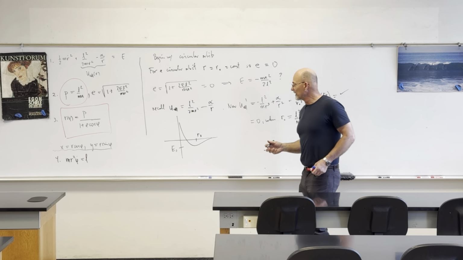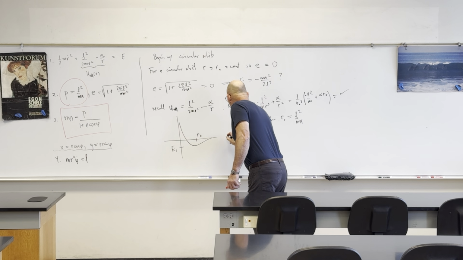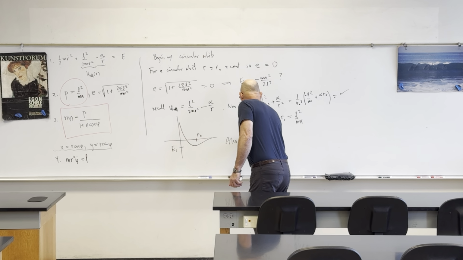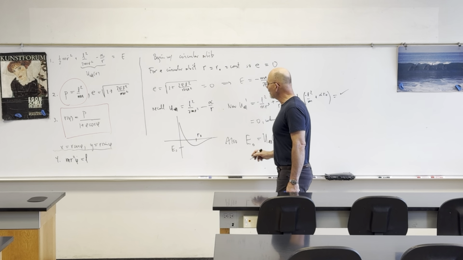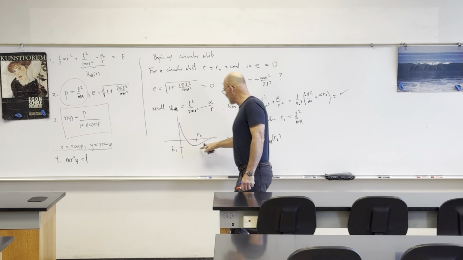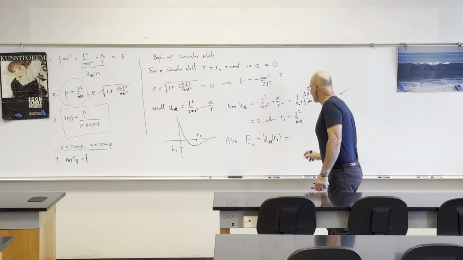So now we have this R sub 0, and so I'll just write here also E sub 0 is equal to U effective evaluated at R sub 0, as you see in this graph and by definition.